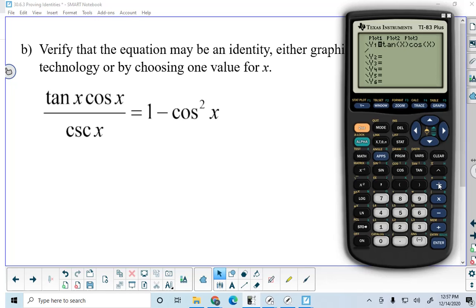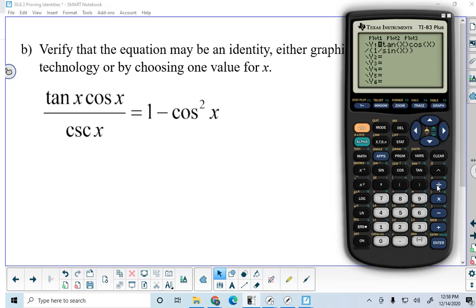We have to go 1 over sine. But when you do that, you have to put that 1 over sine of x in brackets. The calculator needs to know that you're dividing by 1 over sine of x. You're not dividing by 1 and then dividing by sine of x, which is something different.